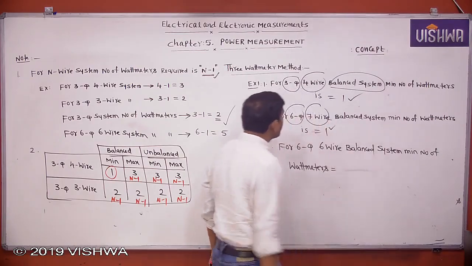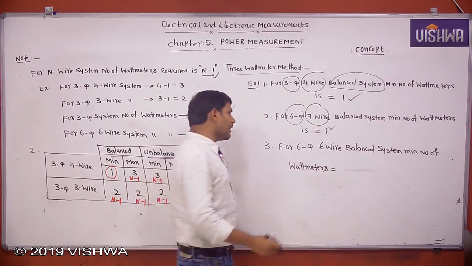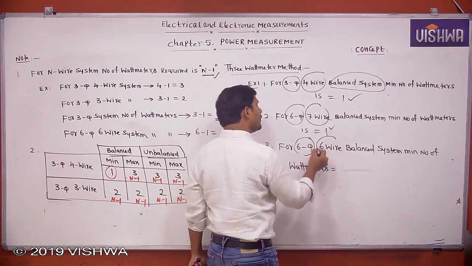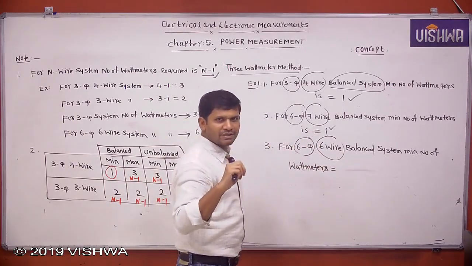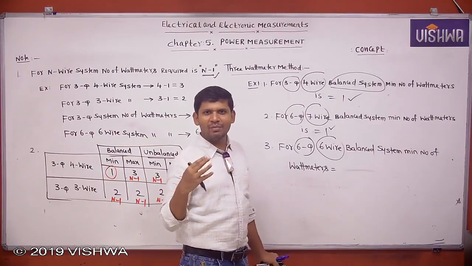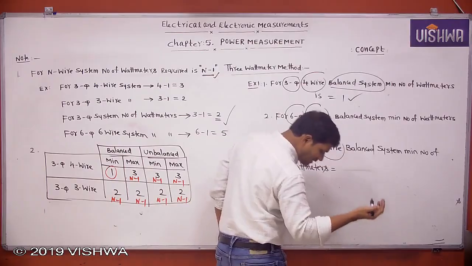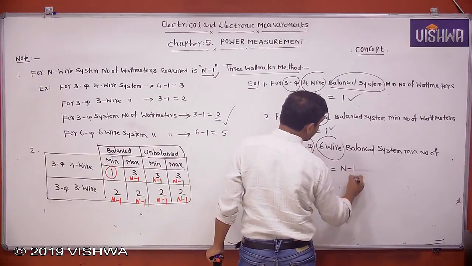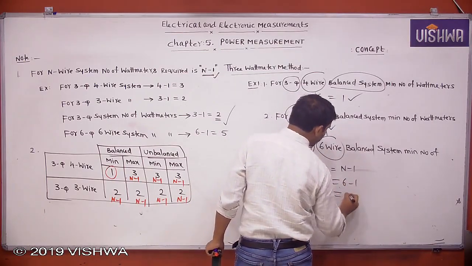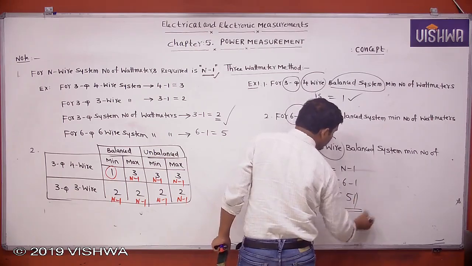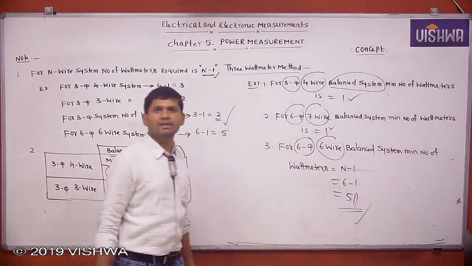You tell me. A 6 phase, 6 wire, neutral is not present. It may be balanced or unbalanced. Then what is your answer? N minus 1. It may be balanced or unbalanced, N minus 1. That is 6 minus 1, 5. It may be minimum or maximum. Then your answer is 5 wattmeters are required.